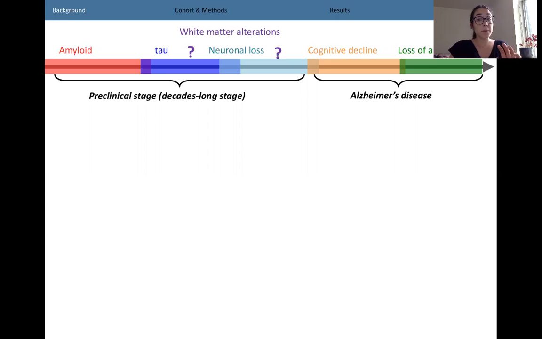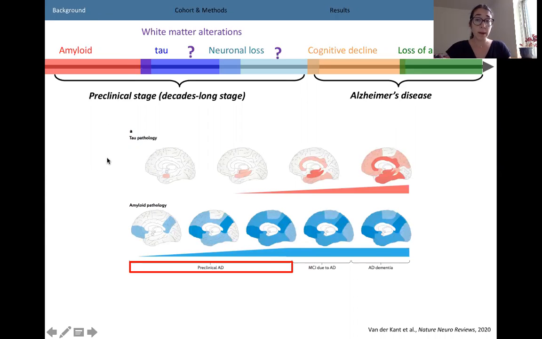The starting point for this project was really based on the spatial pattern of amyloid and tau deposition. Early on, tau is very circumscribed. It's present in the medial temporal lobe, whereas amyloid is more widespread in medial regions, reaching the cingulate cortex and temporal cortex very early on.